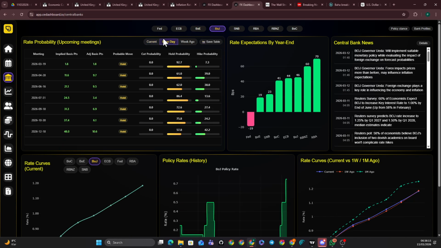Bank of Japan, with this oil market pressure, we might see some hikes. People have been expecting rate hikes since last year, since they exited the negative interest rate policy, but the Bank of Japan is keeping their rates on hold, mainly because of Takaichi's fiscal policy stance.